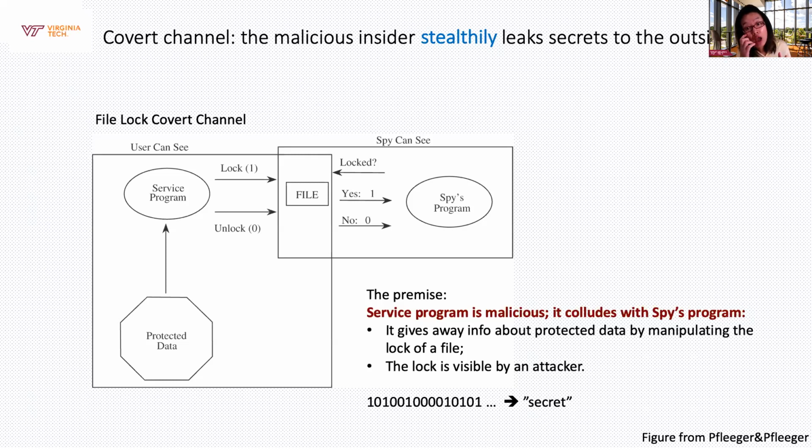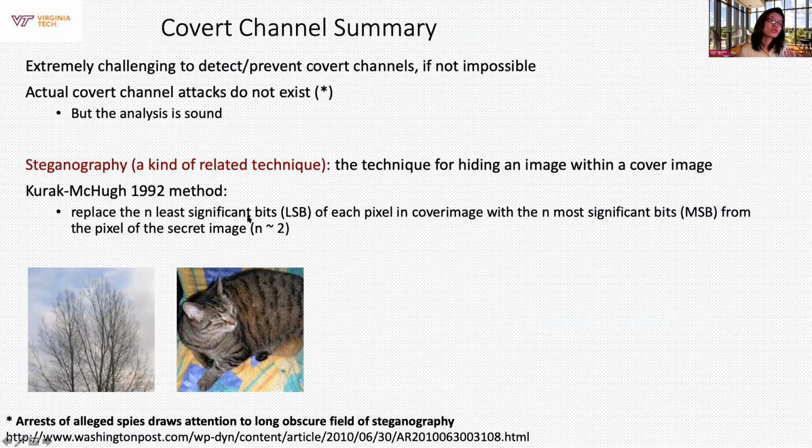And then the spy will be able to infer the value of the secret data. You can think of this in many different ways. Again, very subtle, very confusing. You almost never know whether this has been used in reality, because there's no way for you to detect it, since you have to correlate with some secret. That means it's just too difficult.